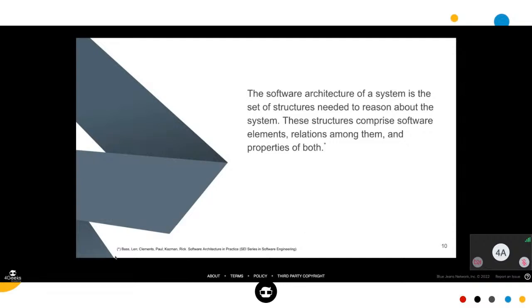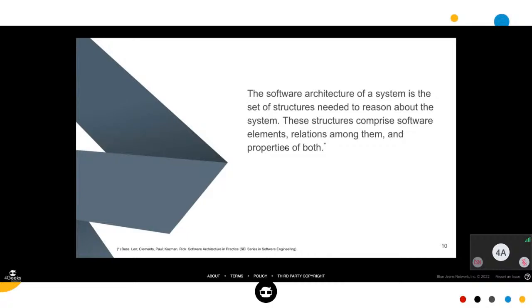This definition is based on the software engineering series from the Carnegie Mellon institute. I don't know if somebody has read the book, Software Architecture in Practice. The majority of the concepts come from there because I'm aligned to this institute and the concept.